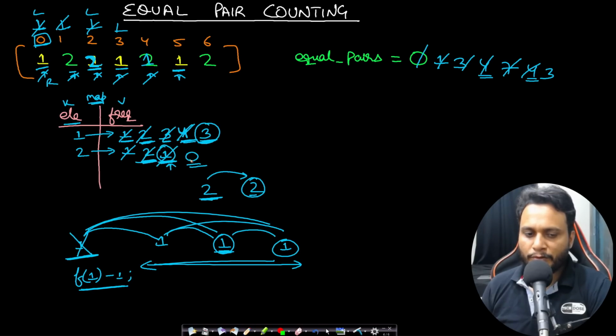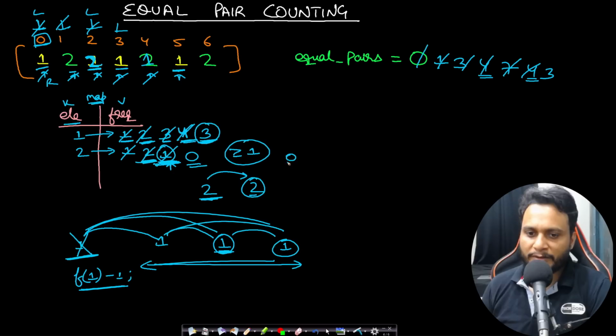And in that case, you do not need to decrease any equal pair count because the frequency was already 1. That means there was just a single element, so there was no pair. Okay, so if there was no pair, then how can you decrement anything? After decrementing, if the frequency is greater than or equal to 1, then only you can lose pair.